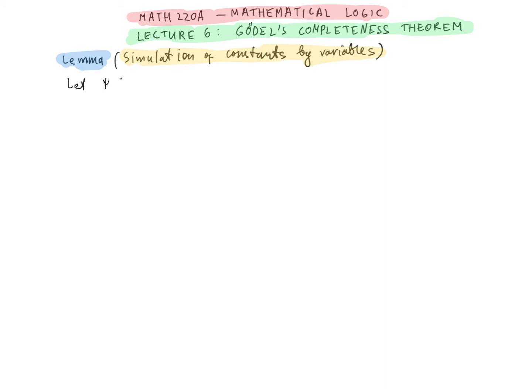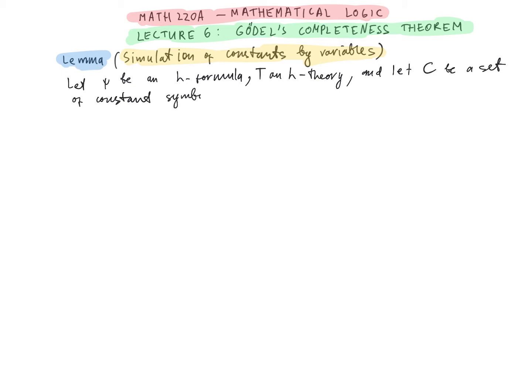Let psi be an L formula, as usual in some fixed language L, T an L theory, and let C be a set of constant symbols such that C has no intersection with the language L. So all of the constant symbols in C are new and are not already appearing in L.